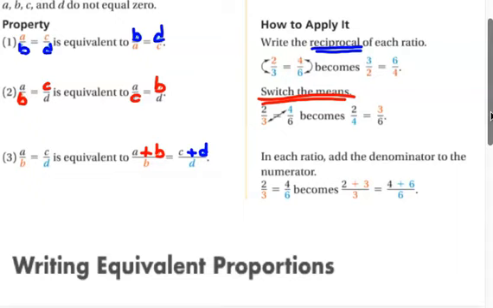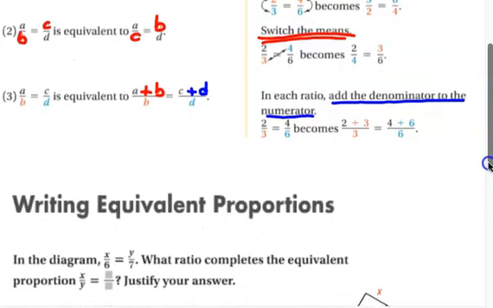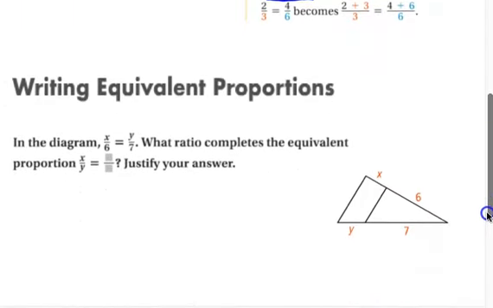In each ratio, you can add the denominator to the numerator. Okay? And you can see as you work through these that you still have a true proportion all the way through. So you can rewrite some of these proportions, and sometimes if you do that, you get something easier.